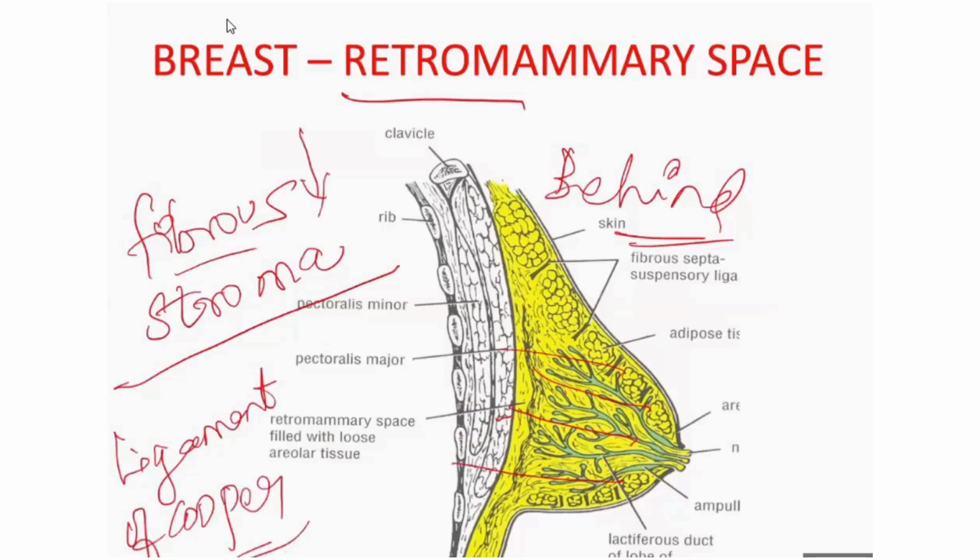Am I right? That's the reason why the shape of the breast varies with age. The main factor is the suspensory ligament of Cooper. The fibrous stroma which is holding the breast in position is called the suspensory ligament of Cooper.